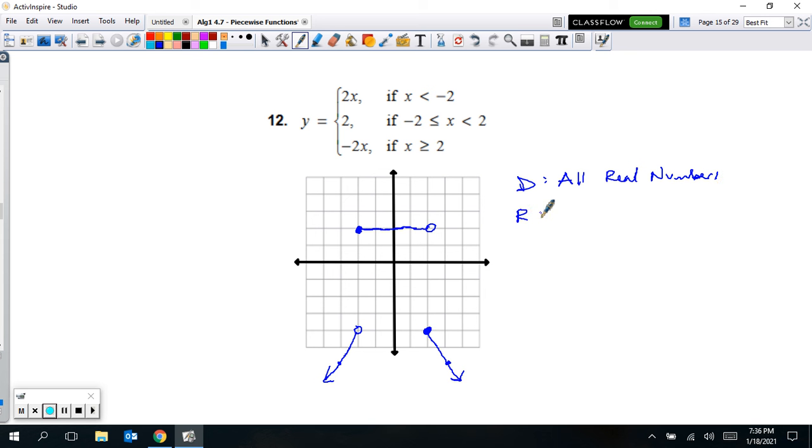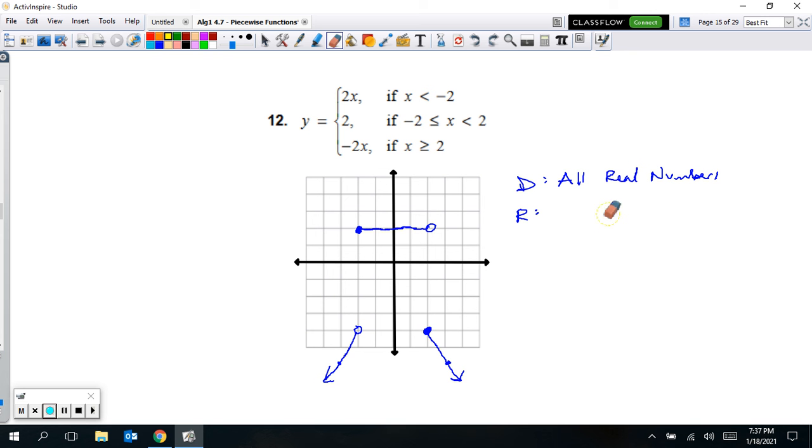And then our range, where is the range? Well, this one's a little bit different. This one's got a couple different ranges. It's definitely below this, which would be 1, 2, 3, 4, negative 4. And the range is also at 2. So it's actually at 2 there. I should say y equals 2, not just 2.